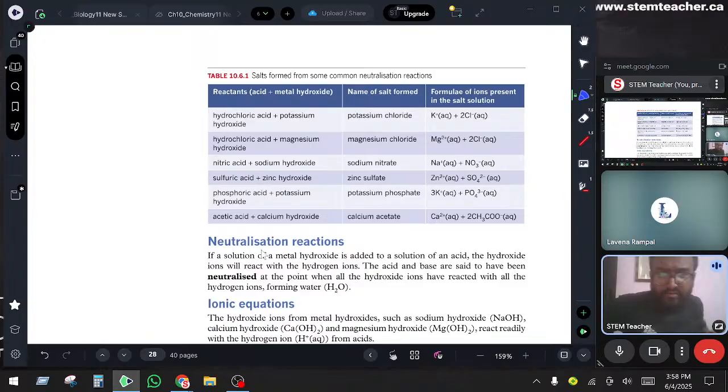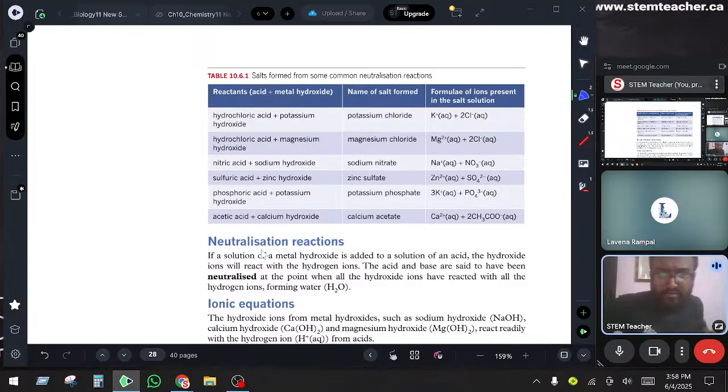Sulfuric acid plus zinc hydroxide gives zinc sulfate. Phosphoric acid plus potassium hydroxide gives potassium phosphate. Acetic acid plus calcium hydroxide. All these are hydroxides only, so they produce the salt plus water, because it is a metal hydroxide.